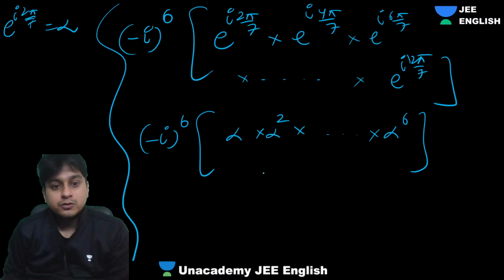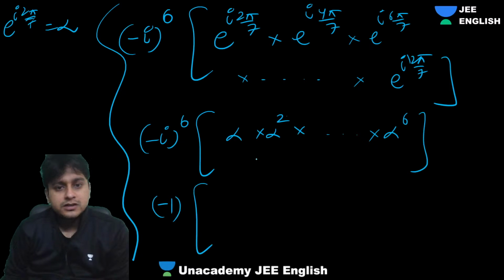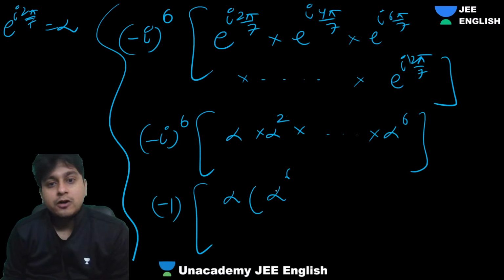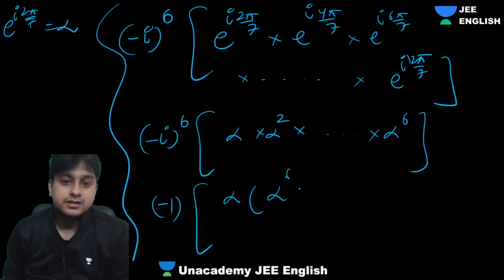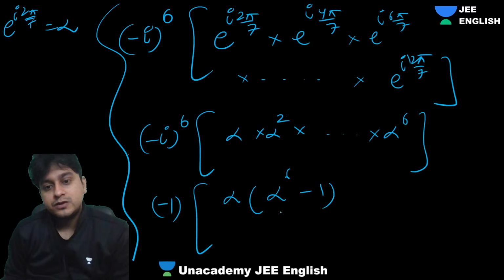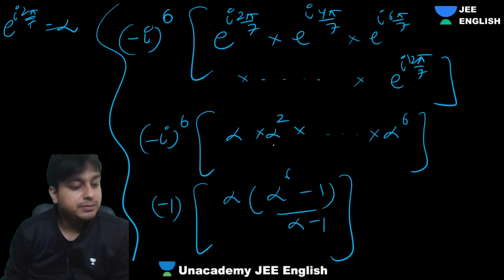So what is this coming out as? i square, that is, I'm writing here minus 1. Now you can write it as a r power n, where n is 6 because we have 6 terms, minus 1 upon alpha minus 1. I have applied the GP formula, right?